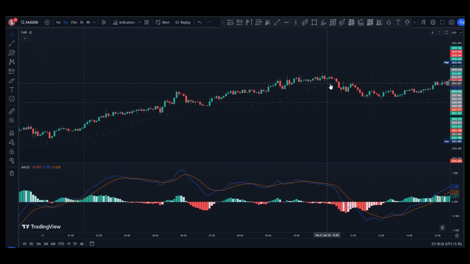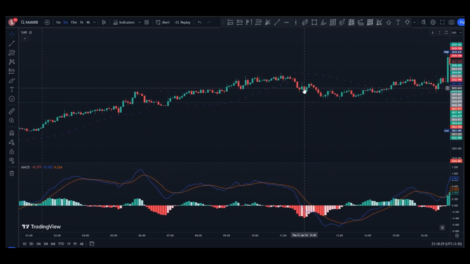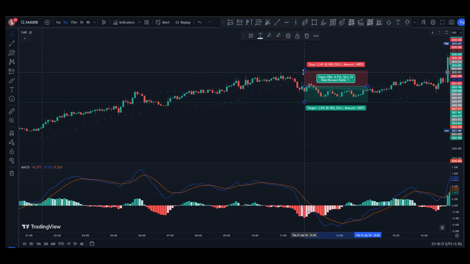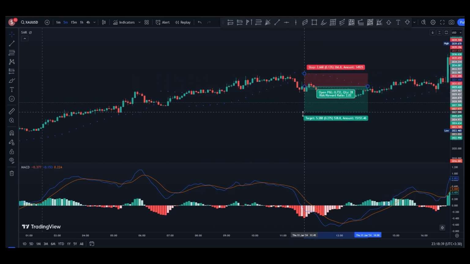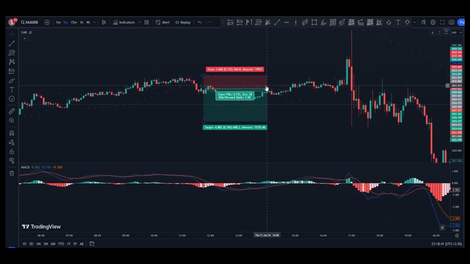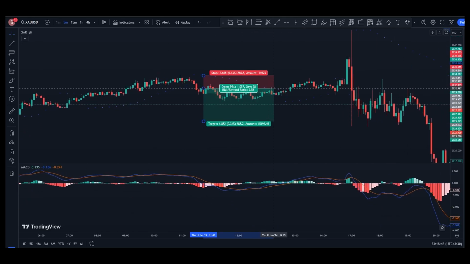Let's go for tomorrow. In the London session, we can enter our trade and use this line as a stop loss, but it hit our stop loss.